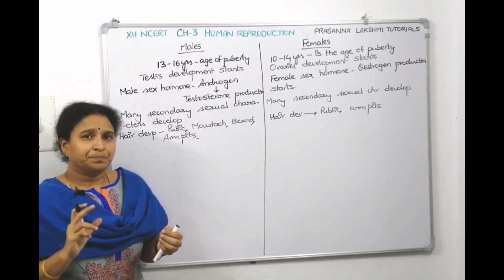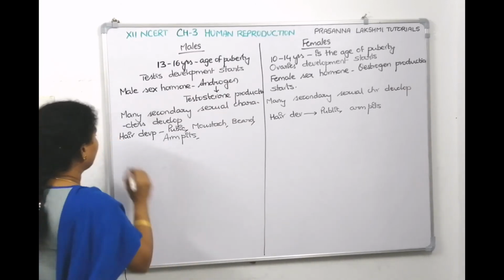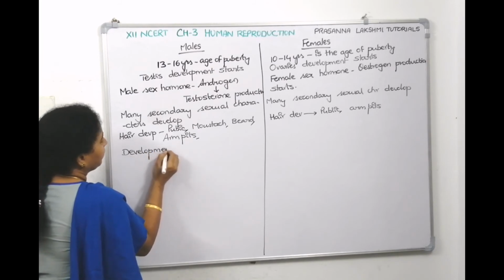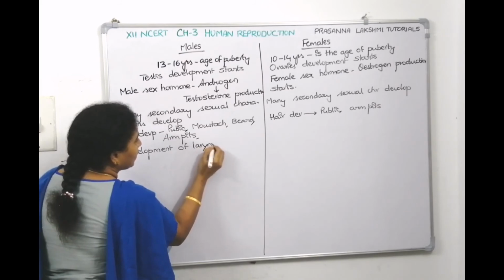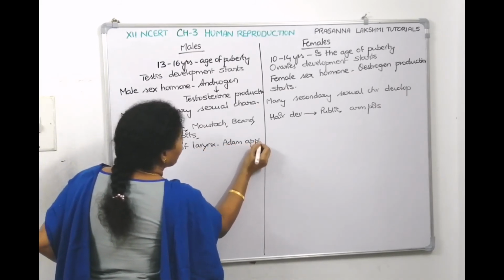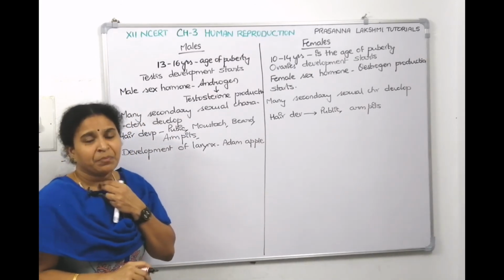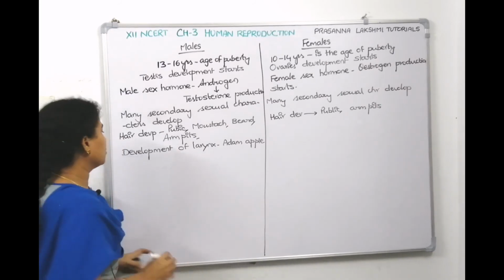Then, what are the other changes we can see in the boys? Like the larynx, Adam's apple formation will happen. So, development of larynx, right? Formation of prominent Adam's apple. Now, here in the Adam's apple, the muscles become thick. Because the muscles become thick, they have low pitch voice, right?